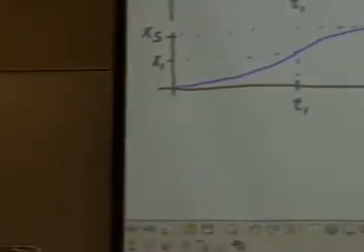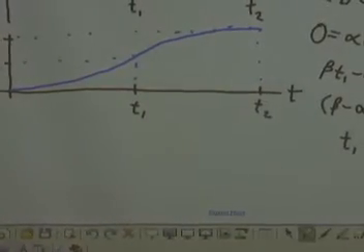Okay. So let's look at our equation for finding the position, and that, of course, is an integration.